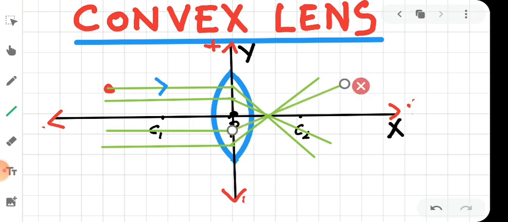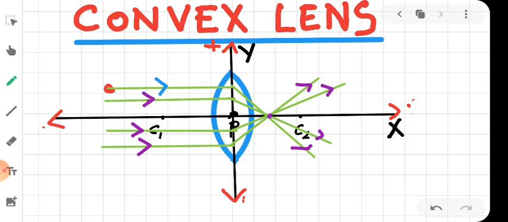All parallel rays traveling parallel to the principal axis will meet on the opposite side at a common point.